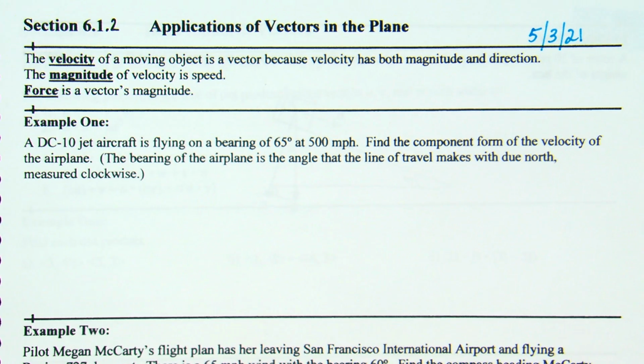We have talked about vectors having magnitude and direction, and velocity is a moving object with magnitude and direction. When we talk about magnitude, the magnitude of velocity is speed. In other words, when we start talking about speed in this problem, we're talking about the velocity.